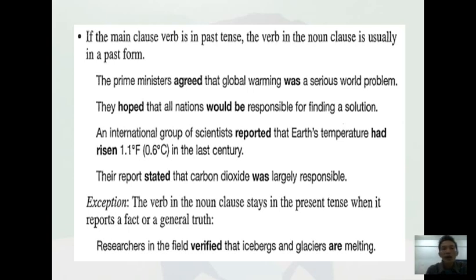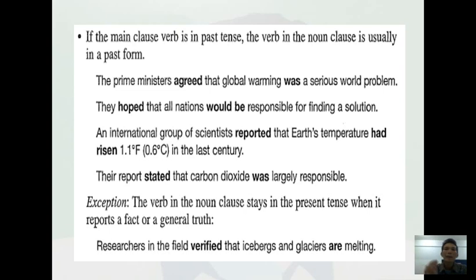If the main clause's verb is in the past tense, the verb in the noun clause is usually in a past form. So when the sentence belongs to the past tense, make sure that the verb in the noun clause or dependent clause is also past tense.